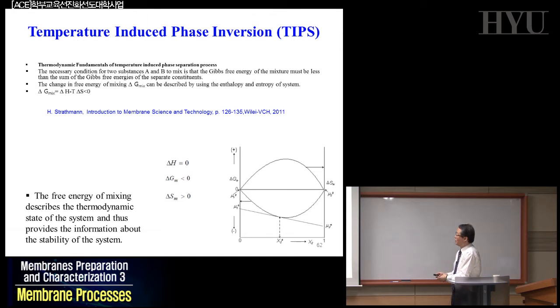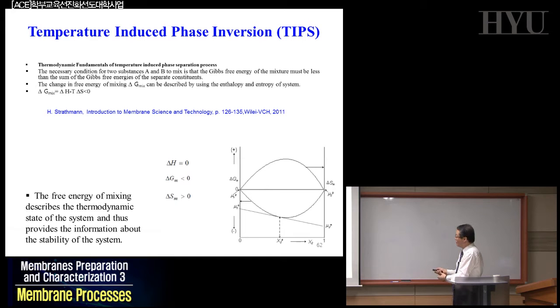When we are talking about phase separation, we need to talk about thermodynamics and the Gibbs free energy of mixing. The delta GM is defined as delta H minus T delta S, and for the mixture to become miscible with each other, the Gibbs free energy of mixing should be negative.